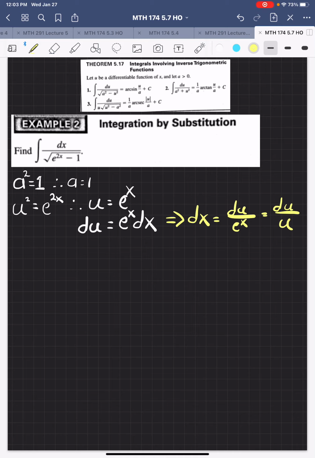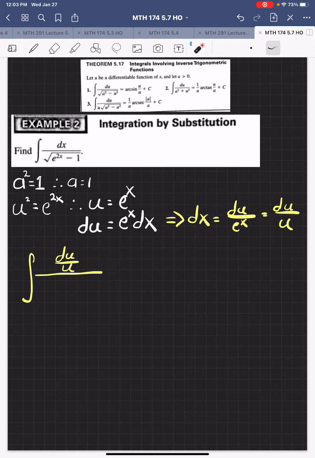So let's start subbing into this formula and see what we got. Now I would have the integral of, instead of dx, du over u.